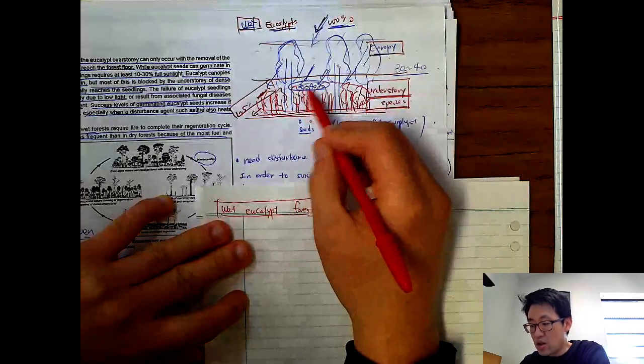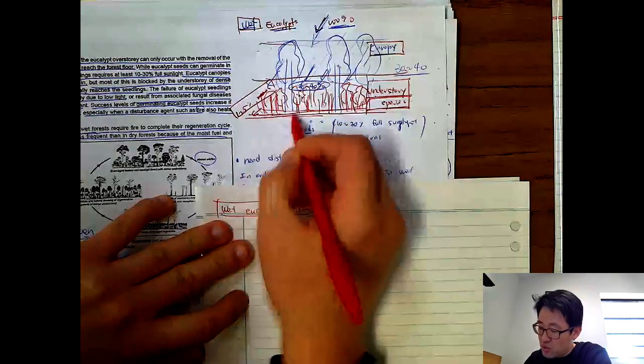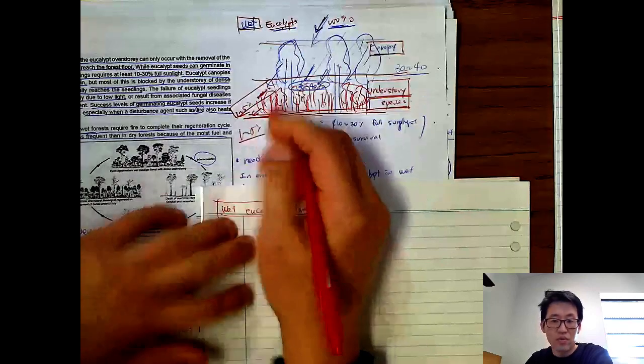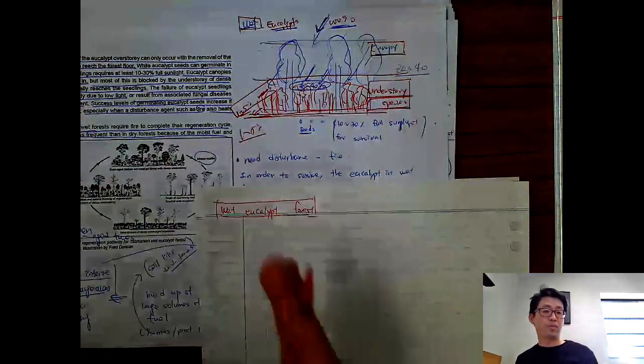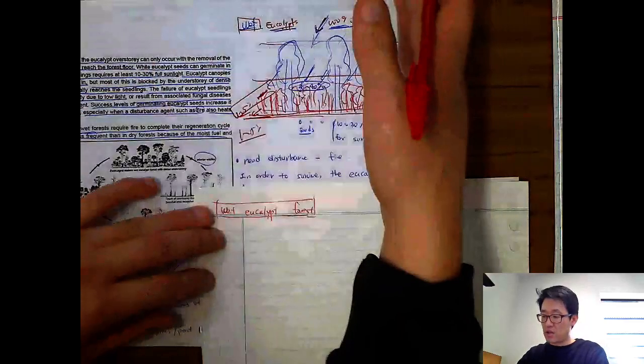Therefore, the 30 to 40% of sunlight penetrated only reaches the ground at 1 to 5%. So a really small amount of light is actually able to reach the ground from the sunlight.